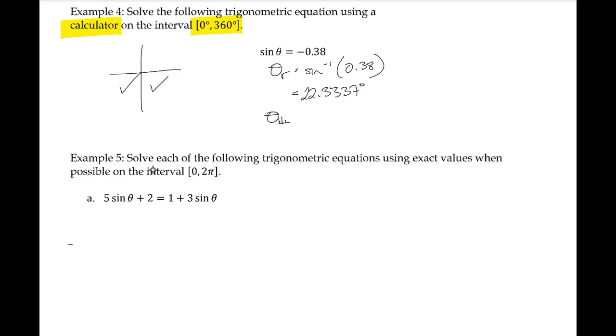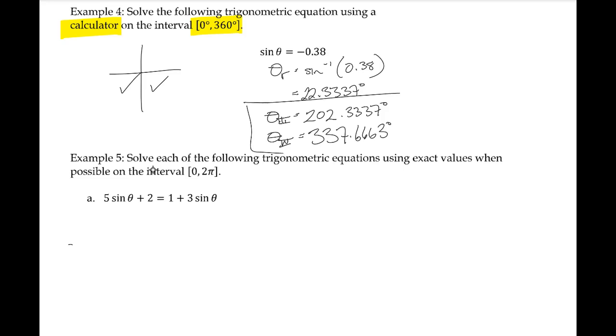Theta in quadrant 3 is going to be 180 plus that, so 202.3337 degrees. And in quadrant 4, it's going to be 360 subtract that, which would be 337.6663 degrees.